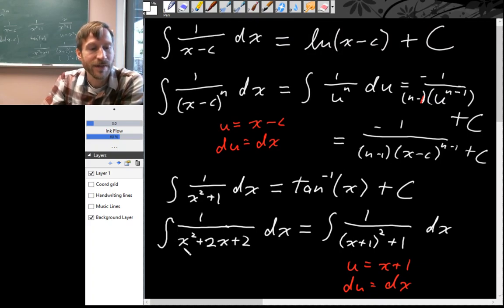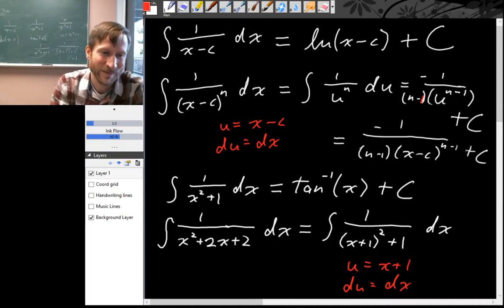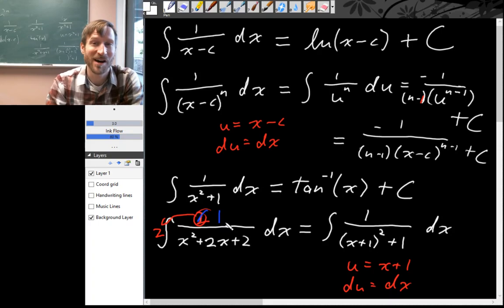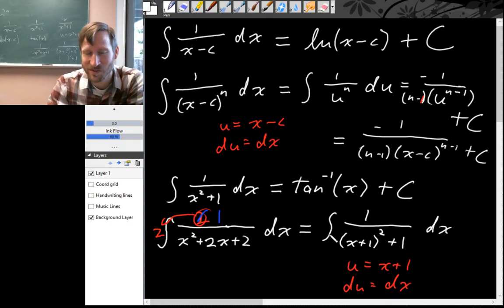There's actually one other situation that we should talk about, because I've written all of these numerators as if they're always just 1. If they're something like 2, if I change this to a 2 right here, we can move the 2 out in front of the integral, and then that leaves a 1 behind in our numerator, and we can proceed as before.